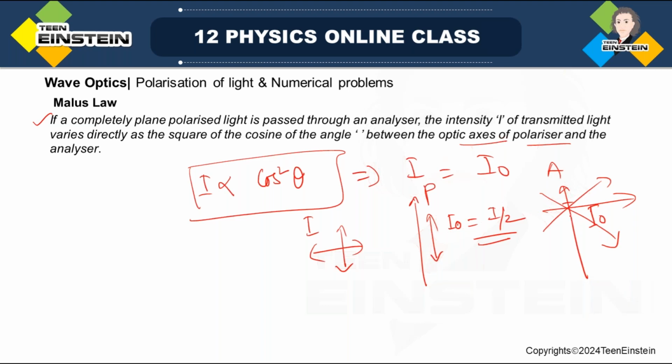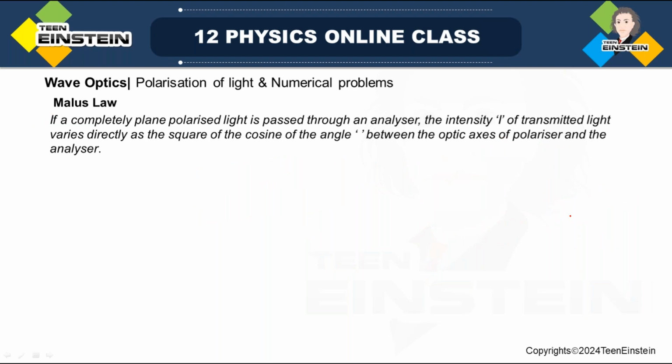The intensity of the light after the analyzer is obtained from Malus law, which mathematically is written as I equals I0 cos square theta. This is the statement of Malus law.